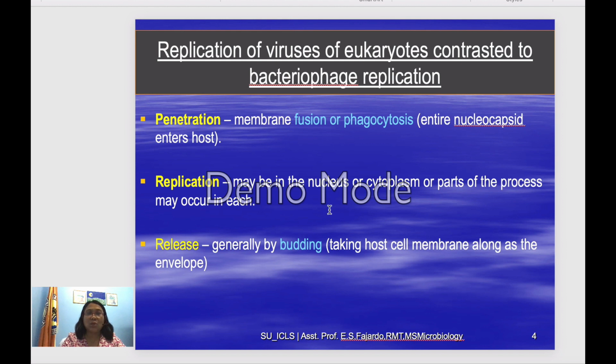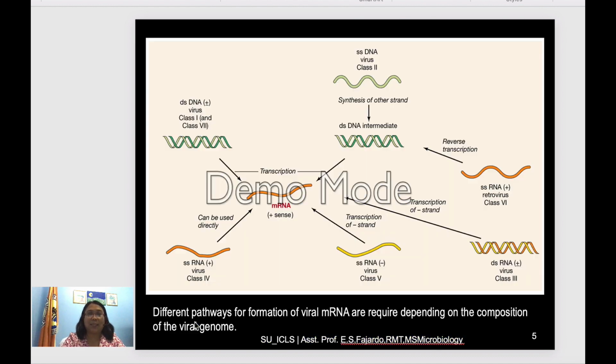In the replication, it can be in the nucleus or cytoplasm, or parts of the processes may occur in each part of the bacterial cell. And for the release, generally, the progeny of viruses are released via budding, taking the host cell membrane along, which can be used as an envelope as in the case of eukaryotes, but in the case of phages, the structure is very complex.